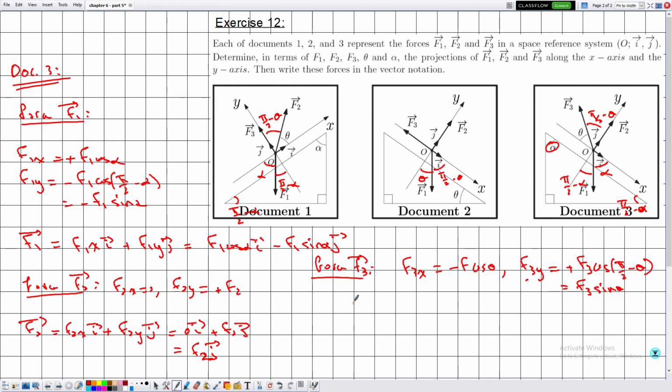So in this case, the vector notation of F3, which is equal to F3x i plus F3y j, is equal to minus F3 cosine theta multiplied by the unit vector i plus F3 sine theta multiplied by the unit vector j.